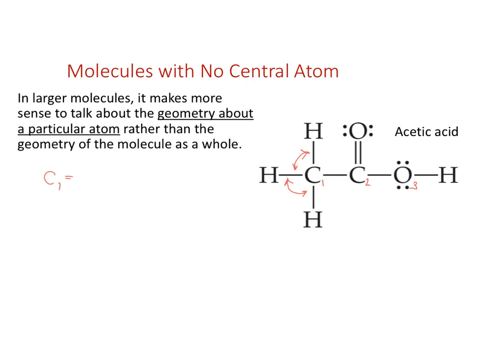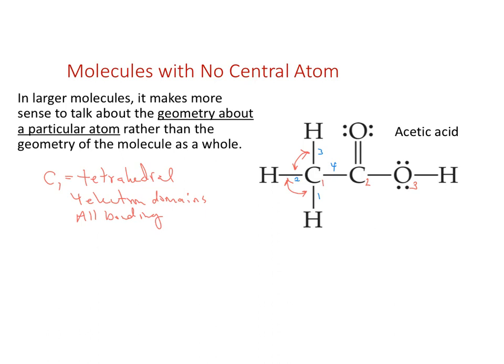I have 1 domain, 2 domains, 3 domains, 4 domains around carbon 1. So based on those 4 electron domains, if I have 4 electron domains, I would be tetrahedral. 4 electron domains, and they are all bonding domains.